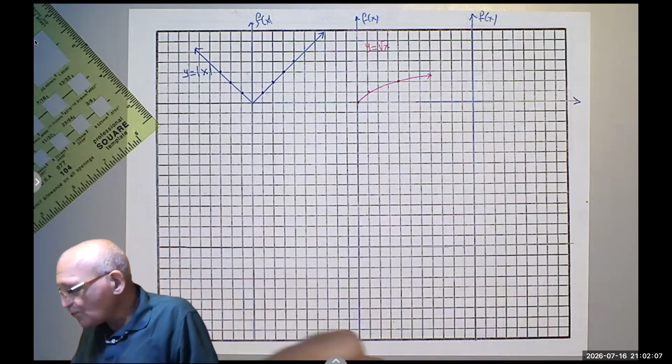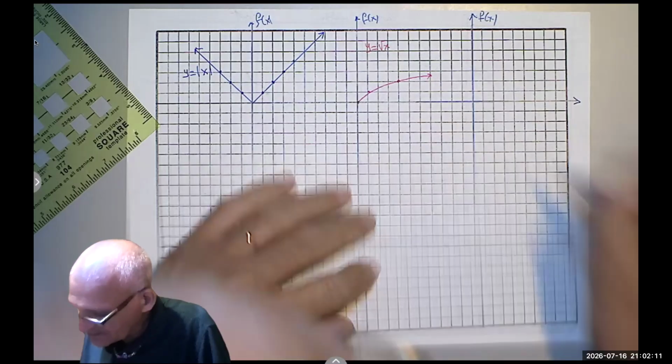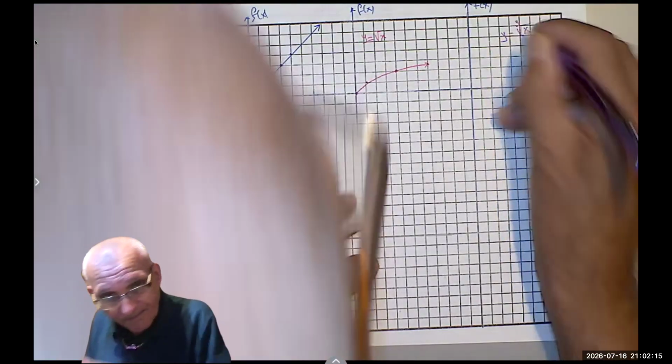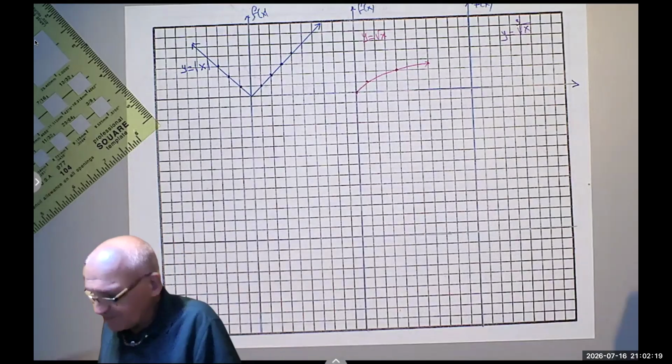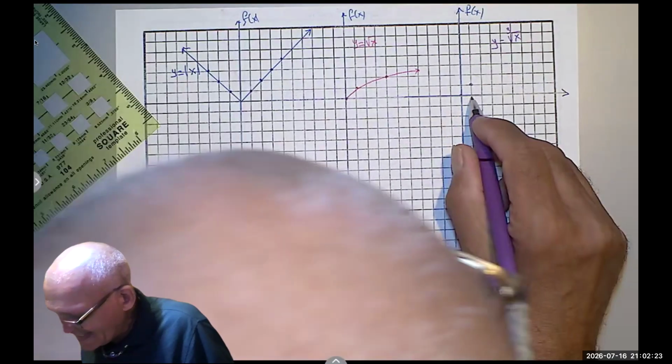How about the cube root? The cube root of x. Now x can be positive or negative. Cube root of 0 is 0, of 1 is 1, of 8 is 2.